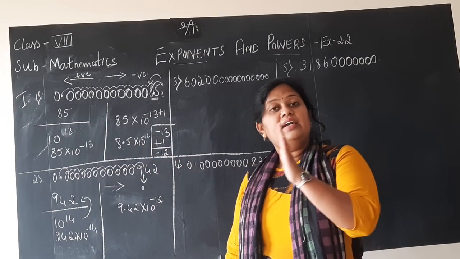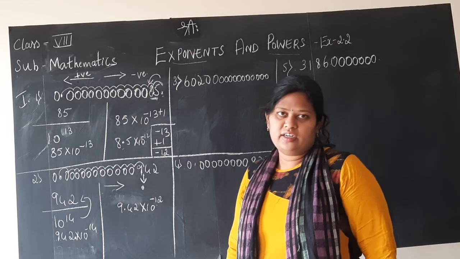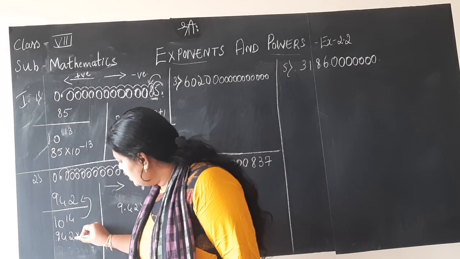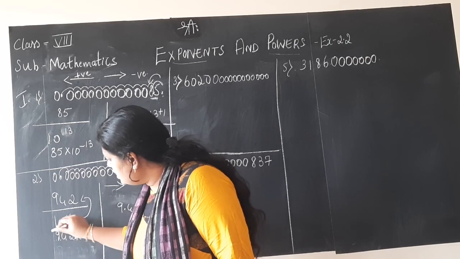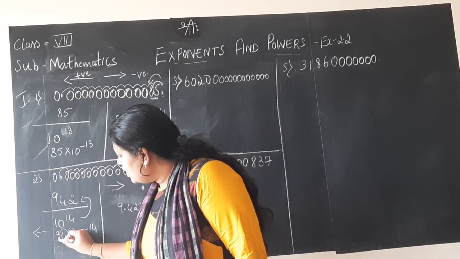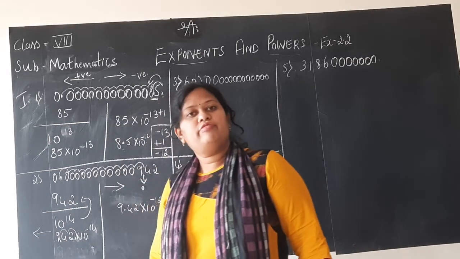So I have the decimal point here. I have to shift 2 decimal places in the backward direction in order to make it 9.42.